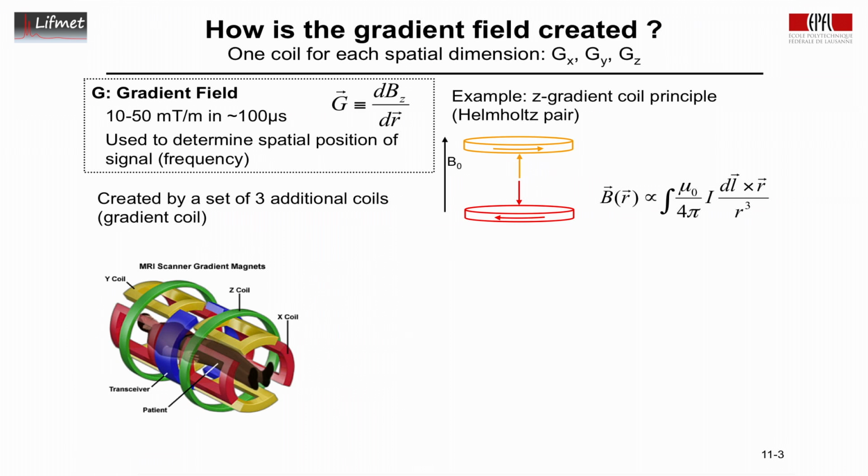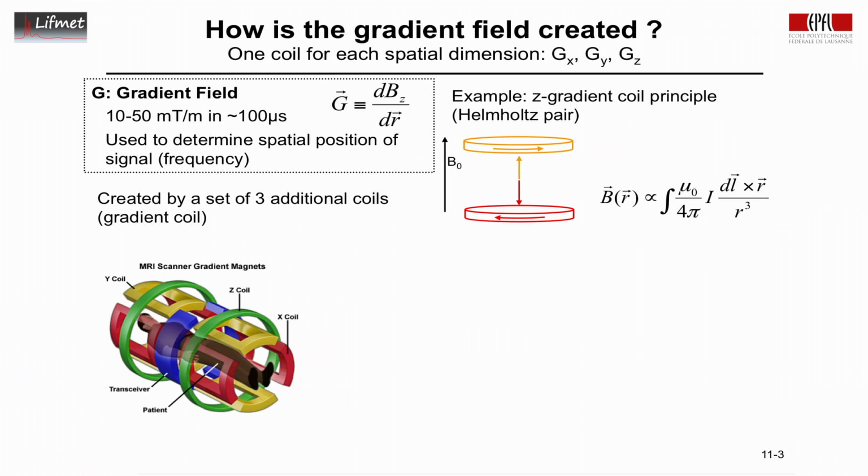That's the magnetic field indicated in orange, and by the red coil it's indicated in red. Now if we go along the center of the axis, we'll move in this direction and in this direction. If we move upwards, the field from the orange coil increases, the opposing field generated by the red coil decreases, so the magnetic field increases in this direction. Here at the center, for symmetry reasons, the 2 magnetic fields generated by the 2 coils are equal in magnitude but opposed, so it is 0.